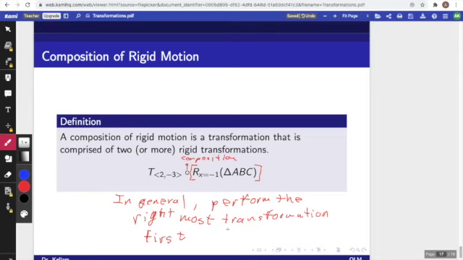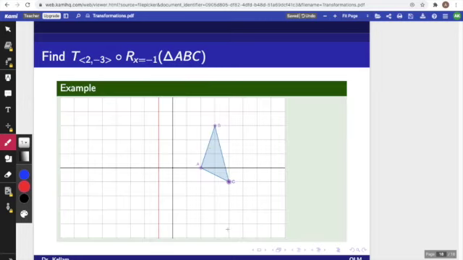So let's actually do this exact transformation. And we have that here. So I'm going to perform this transformation listed here. I need to perform this first. So I need to reflect around the line x equals -1 first.